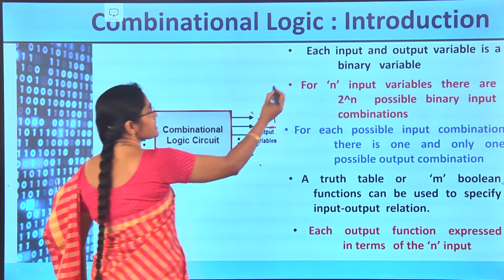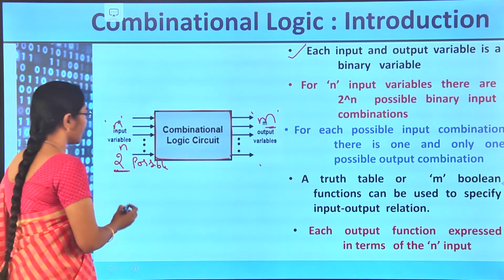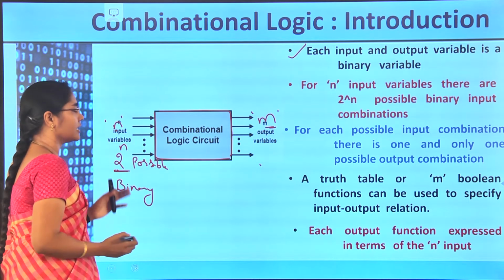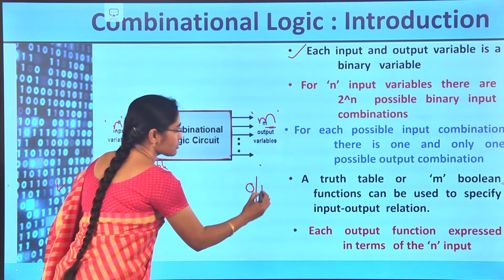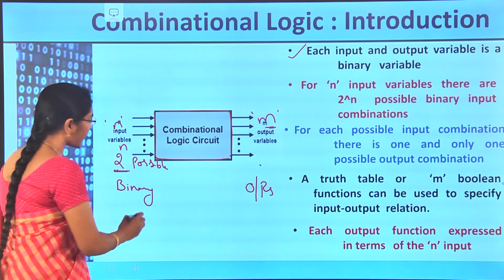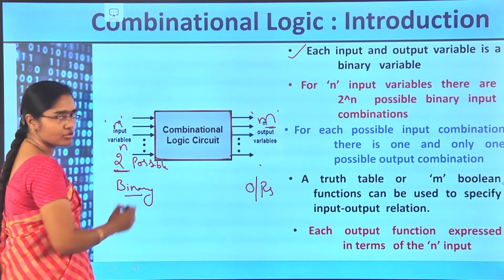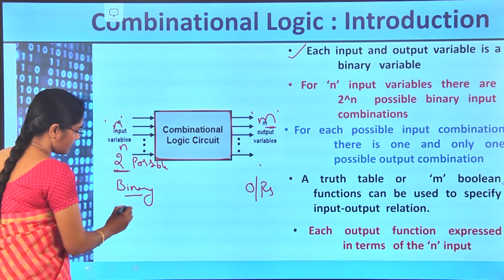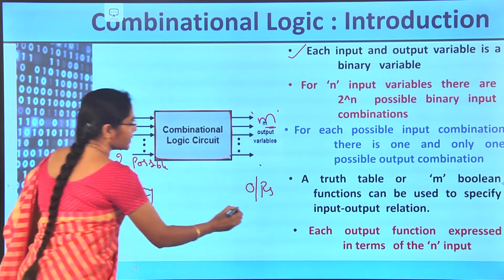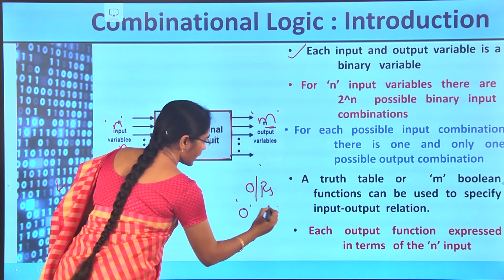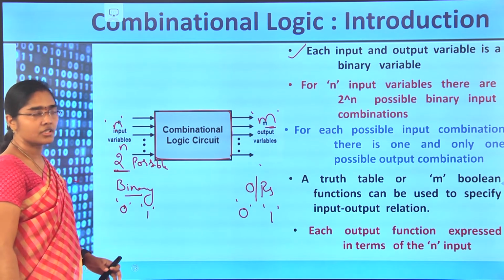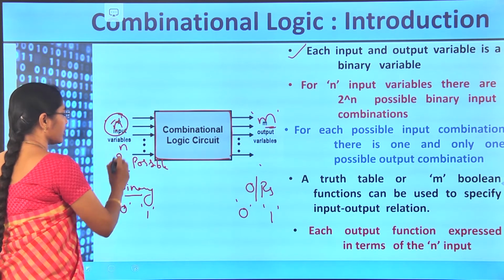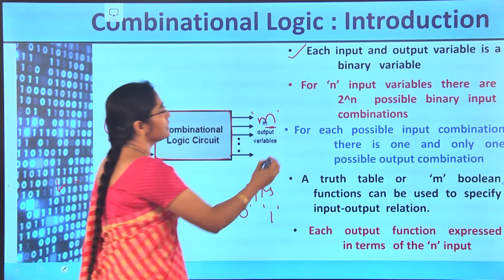Each input and output is a binary variable. Each and every input and output of the combinational circuit is a binary variable, which means they only have the values 0 or 1. n inputs have 2 power n possible combinations.